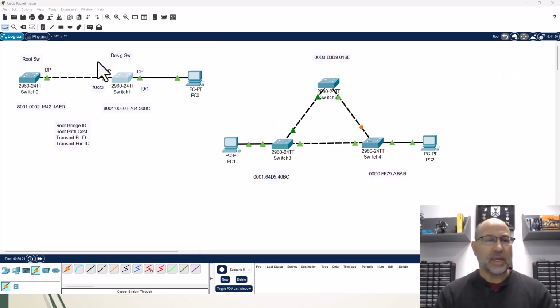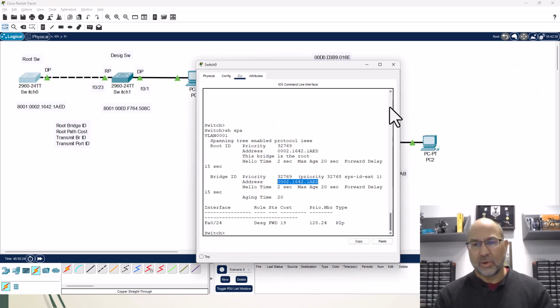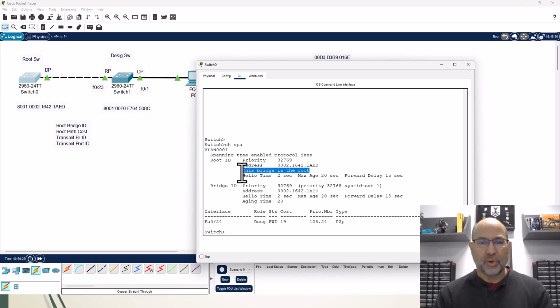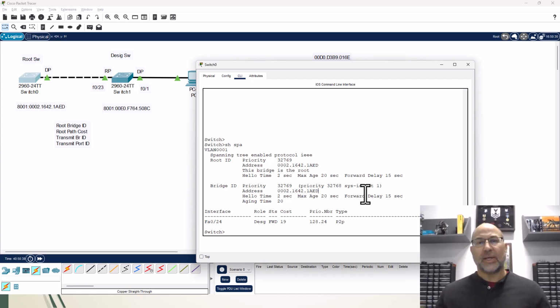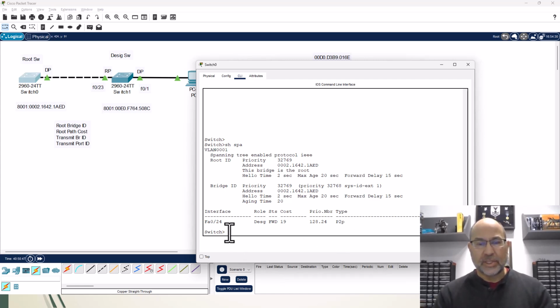Now, if we look at the same information on switch 0, it says this bridge is the root. And take a look at the root ID and compare that to this bridge's ID. They're the same. So when a switch has the lowest bridge ID, that also becomes the root ID. And then we can see some details about a port.